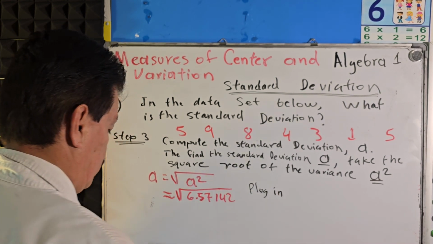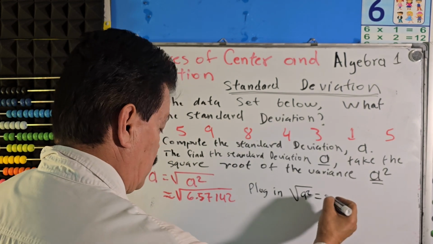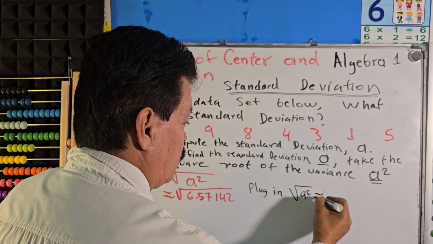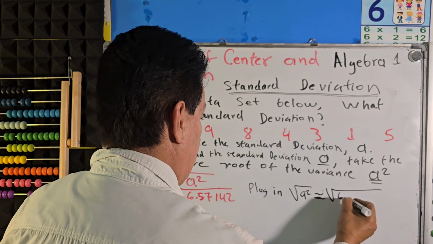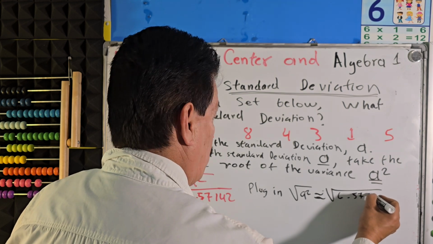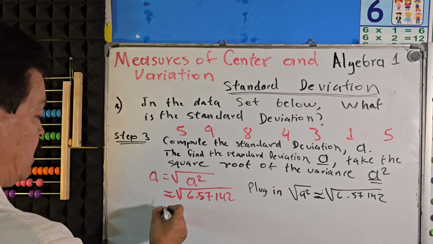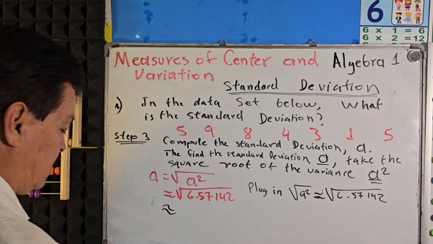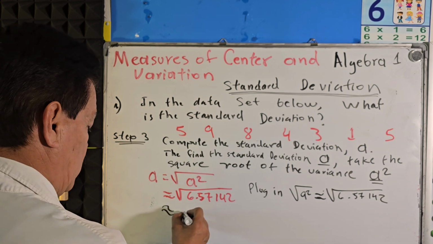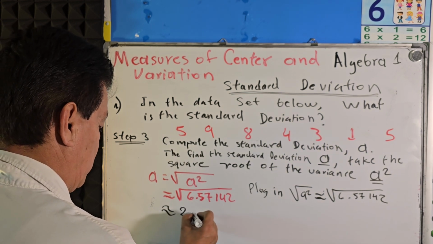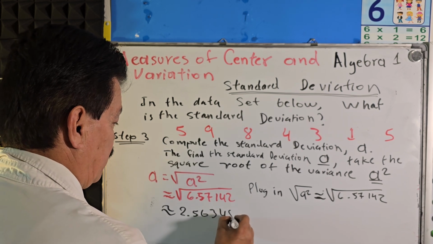Plug in a squared equals 6.57142. All right. So this is similar: you take the square root. The square root is also not exact because we have decimals here, 2.5630 something. All right.